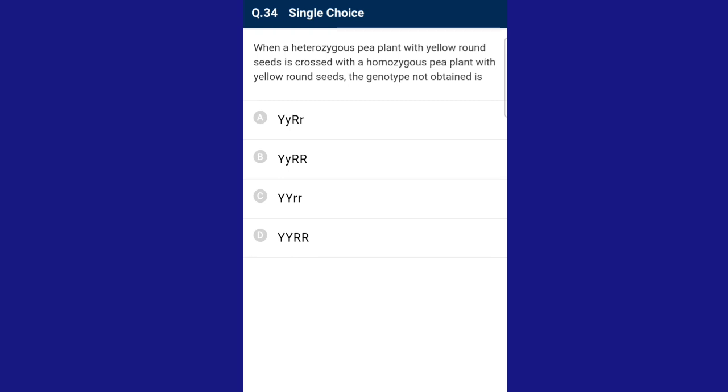Homozygous pea plant genotype for yellow round seed: capital Y, capital R, capital R. On crossing these, possible genotypes are capital Y capital R capital Y capital R, capital Y capital R small r, and so on. So capital Y, small r genotype will not be obtained in this cross. So the answer is option C.